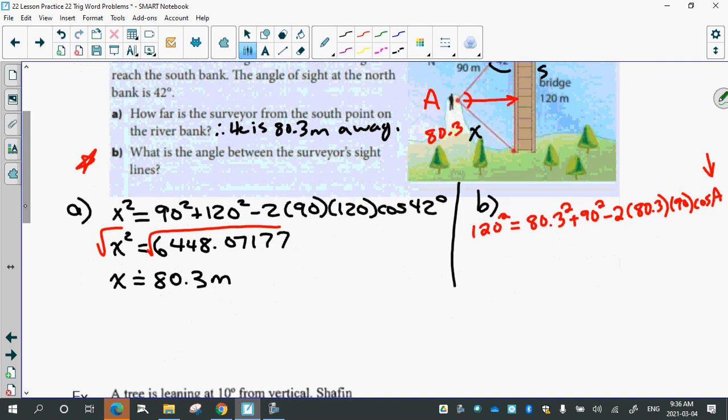So we can subtract 80.3 squared on both sides. And we could subtract 90 squared on both sides.